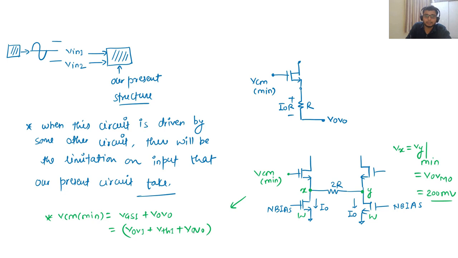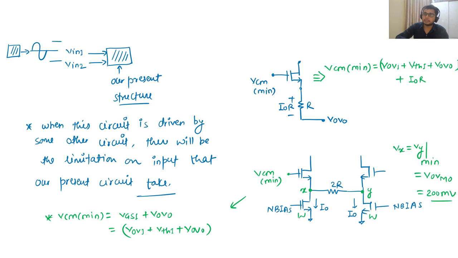So we can see in the previous circuit, the extra factor was coming here. VCM minimum was V overdrive 1 plus VTH1 plus V overdrive 0 plus some extra factor I naught R. This was the minimum value our circuit can take at its input in the previous circuit.